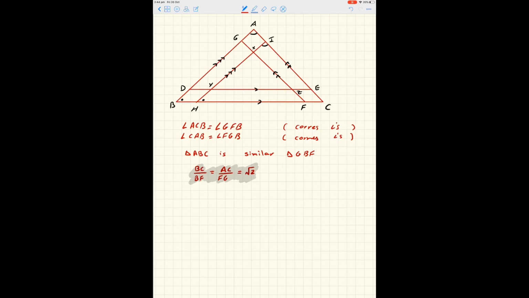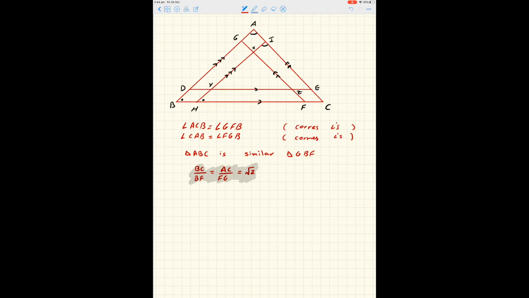So now we made this statement again by using two different triangles to basically equate them to the square root of 2. What's happening is we're trying to find what else is equal to the square root of 2, because if I know they're equal to the square root of 2, I can equate them to each other.